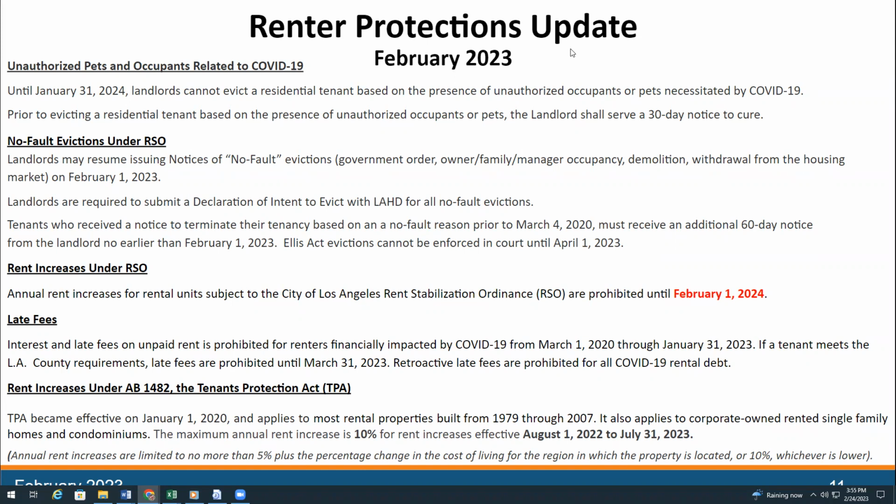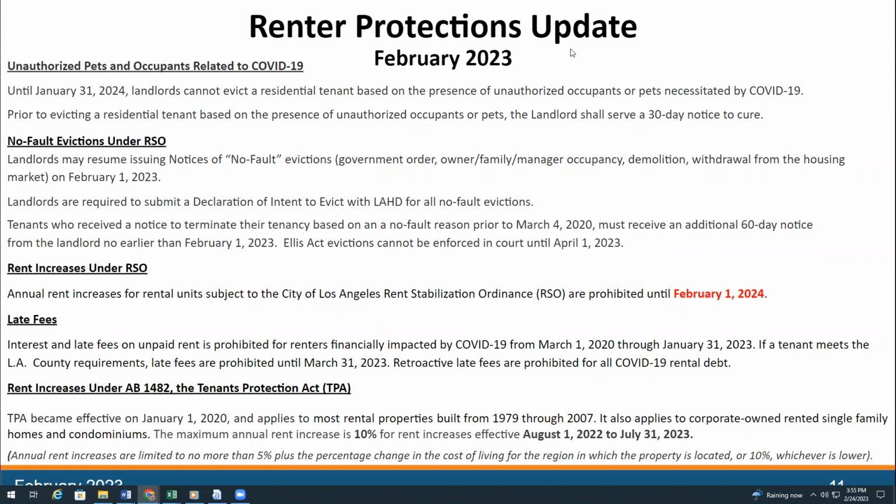So it's sort of like to revive and provide notice to the tenant about something that was put in place prior to the local emergency period. And now the landlord intends to continue with that process. So that's the additional 60-day notice requirement. And no fault evictions cannot be enforced in court until April 1st, 2023.